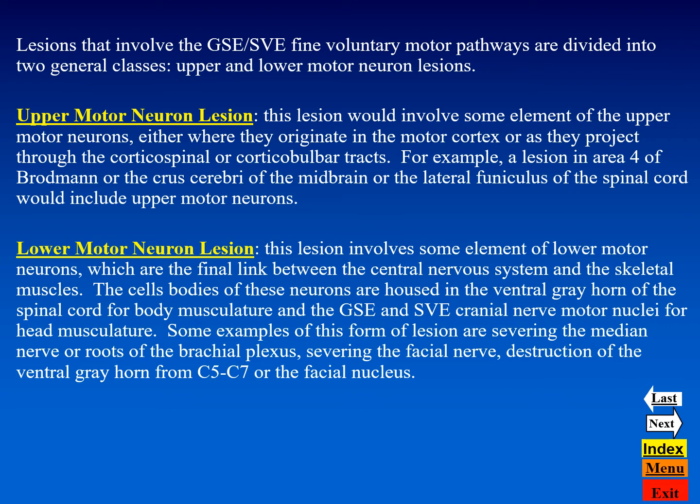Lower motor neurons, on the other hand, would be the cell bodies that are found in the ventral gray horn that innervate the muscles, or cell bodies in areas such as the motor nucleus of 5 or the facial nucleus or the hypoglossal nucleus. They are all the lower motor neurons.